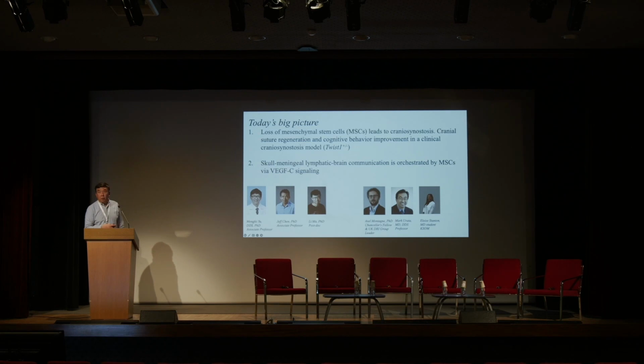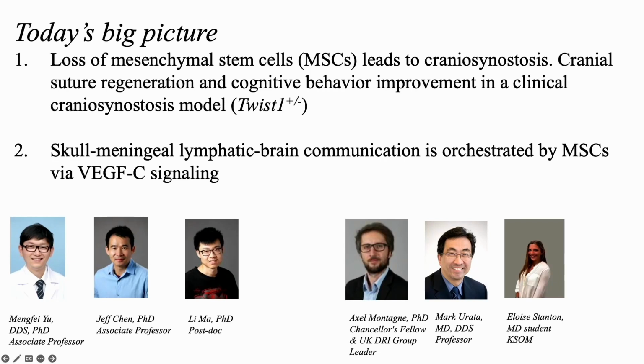So these are the two highlights of the second part of today's presentation. Basically, if you lose these stem cells within the cranial suture prematurely, that will lead to cranial synostosis. And now we can actually use a biodegradable scaffold combined with the stem cells to regenerate a cranial suture.